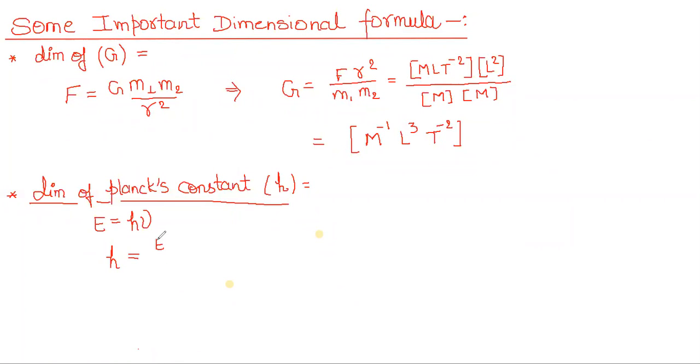So H is equal to E upon nu. Dimension of energy will be M L2 T minus 2, and the dimension of frequency is T minus 1. So it will have M L2, T minus 2, minus 1 goes up so it becomes plus 1, so minus 2 plus 1 gives minus 1. This will be the answer.